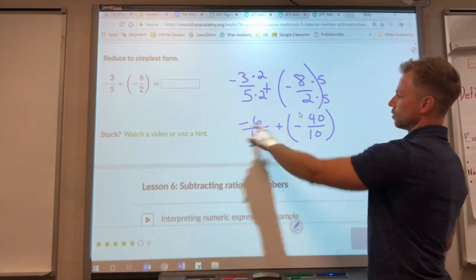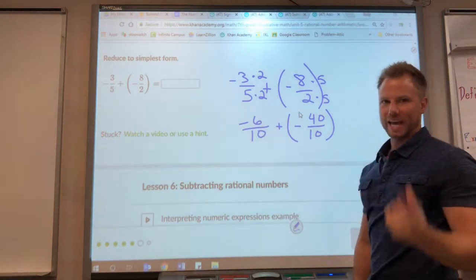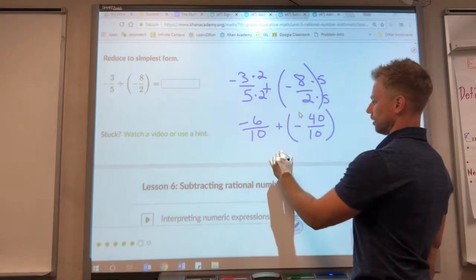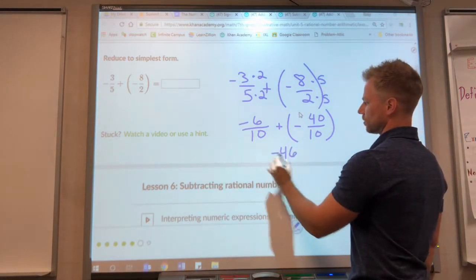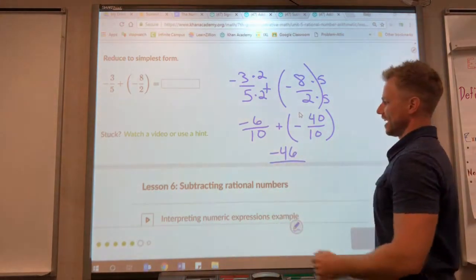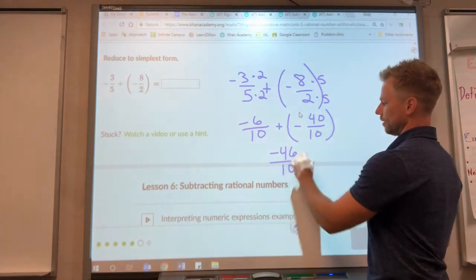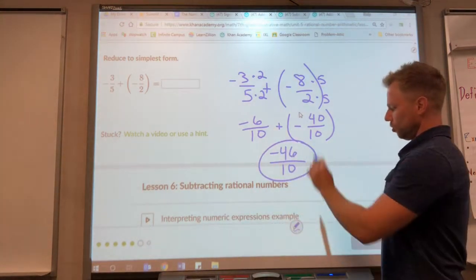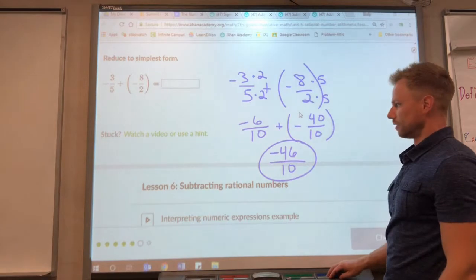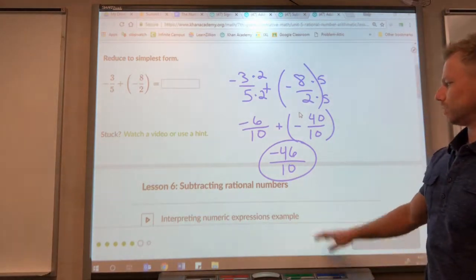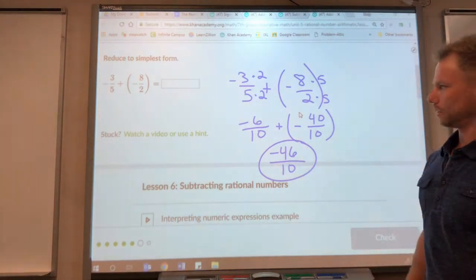We look at the signs, they're both negative. So we have to add, keep the original sign. 40 plus 6 is 46. Original sign is negative, so we include that, and the denominator is 10. We can leave it like that, or we can change it to a mixed number.